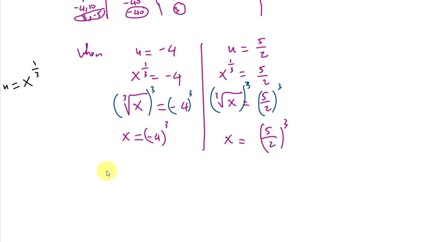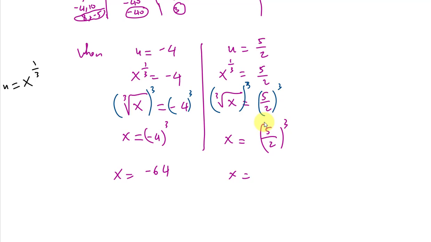Then you can solve for that. -4 to the 3rd power is -4 times -4 times -4, and that is -64.